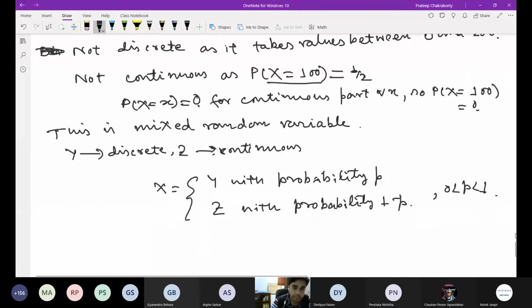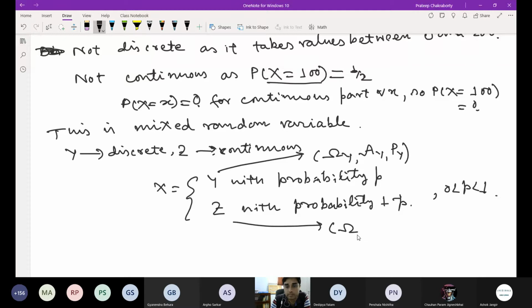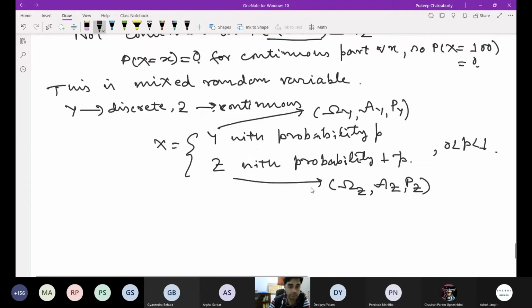For Y you have a sample space, a space of all events, and a probability, so this is a probability space. Likewise for Z, both of these random variables.